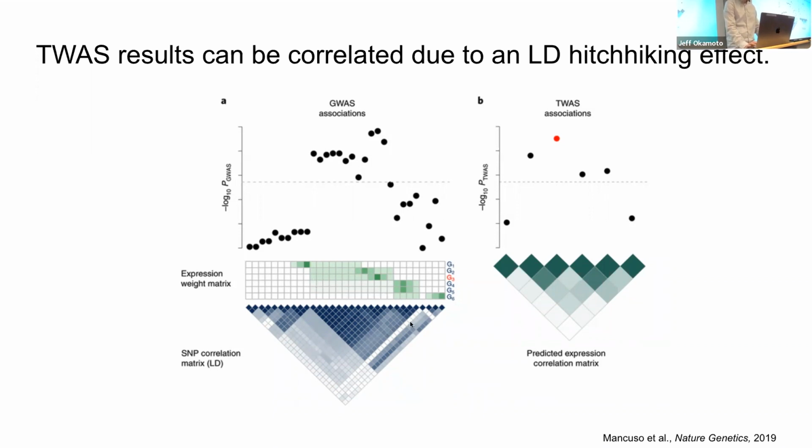So basically what I want to highlight here is gene 3 is the only causal gene, but you can see there's no overlap between the gene 3 and the gene 4 expression weights. And despite this, there is correlation between these QTLs, which induces a TWAS association for gene 4, even though gene 4 is not causal.